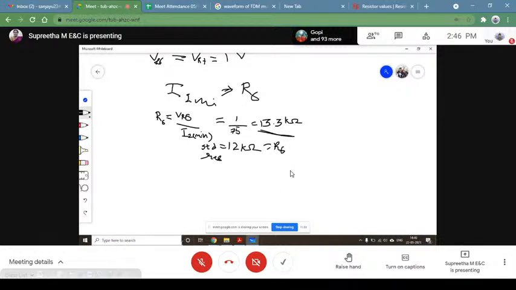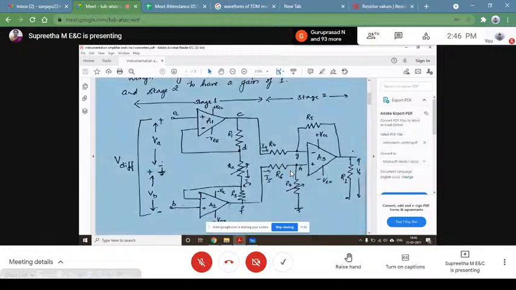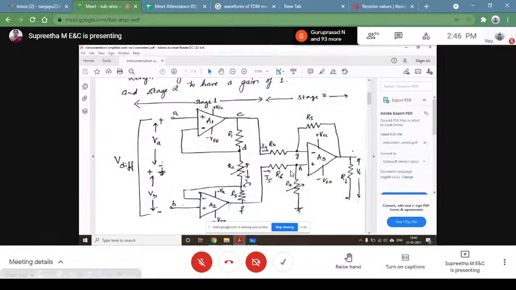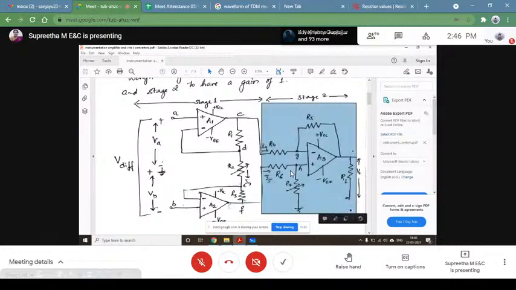Now, as we said, the overall gain will be produced by the first stage of the amplifier. So the second stage of the amplifier is just for unity gain. So here, what should the resistance values be for the gain to be one in your difference amplifier? Or is there any relationship in this difference amplifier?